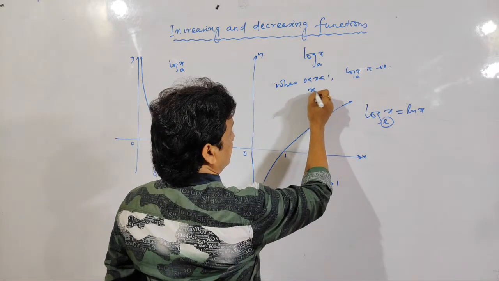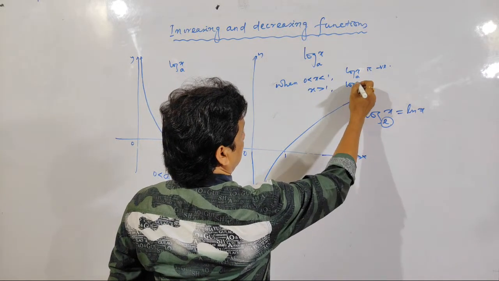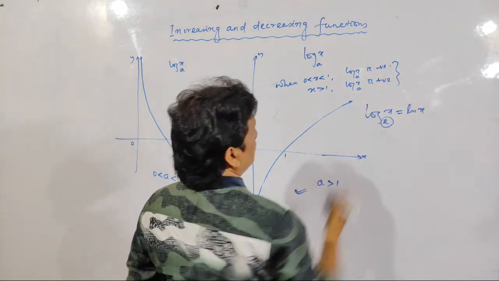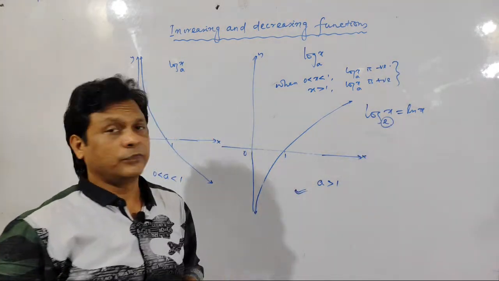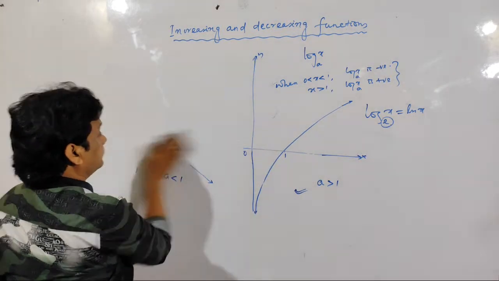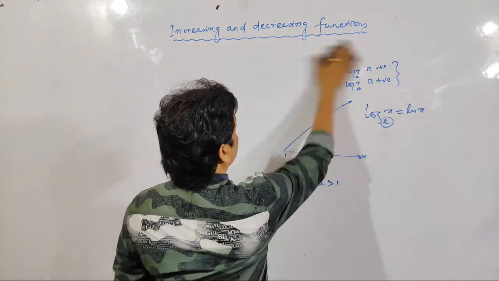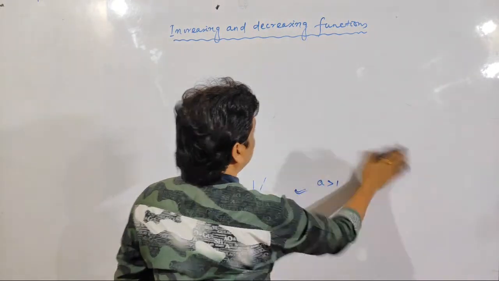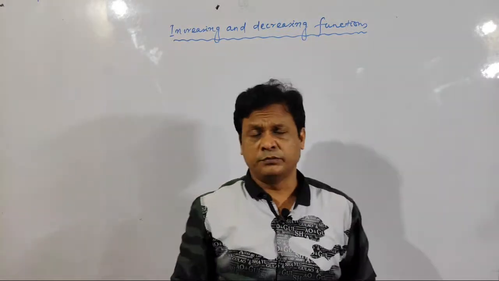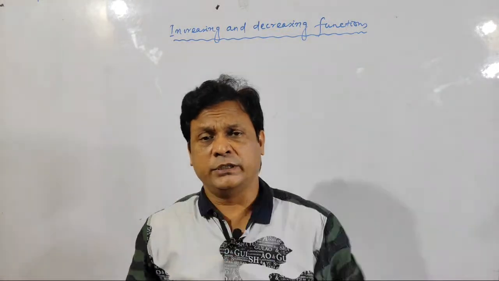And when x is greater than 1, log x to the base a is positive. So these things you should remember. Okay, see here. These are the concepts which you should remember before entering into the chapter.